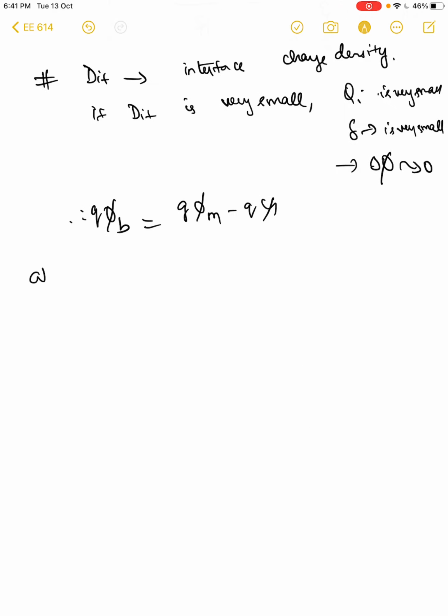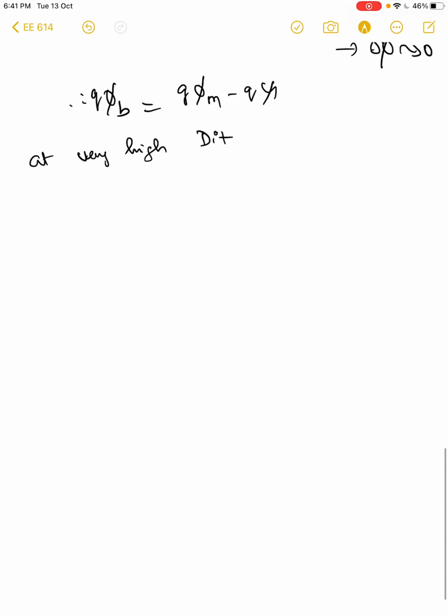At very high DIT, remember, so basically this is the metal, right? So basically I have the interface here. Some del psi is the drop, this is Q psi m, right?